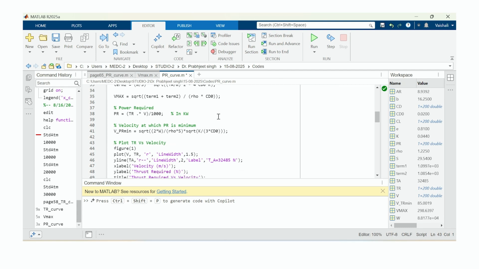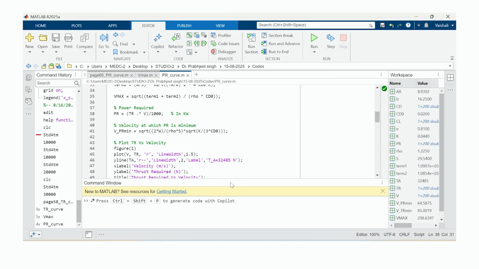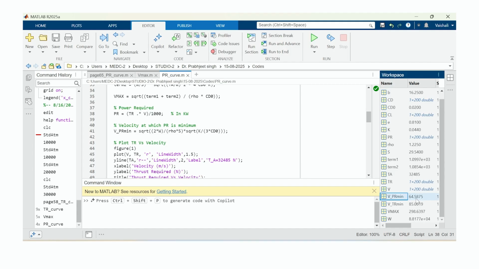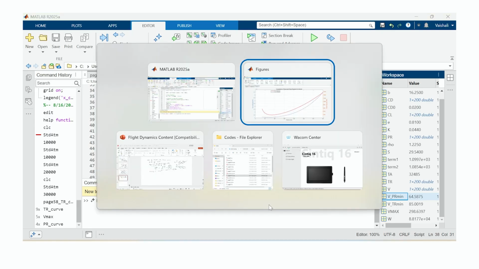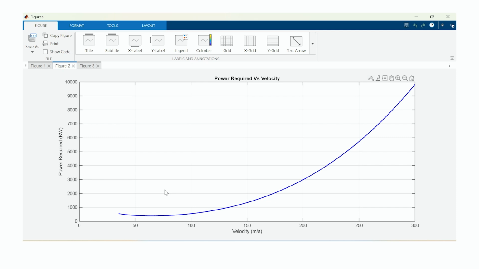Now let me rerun this code again, save it. Alright, now the plots remain the same. Let me go to the velocity at which power required is minimum. So this is the velocity at which power required is minimum, 64.5875. Okay, so now let us go to the plot at approximately 64.7.